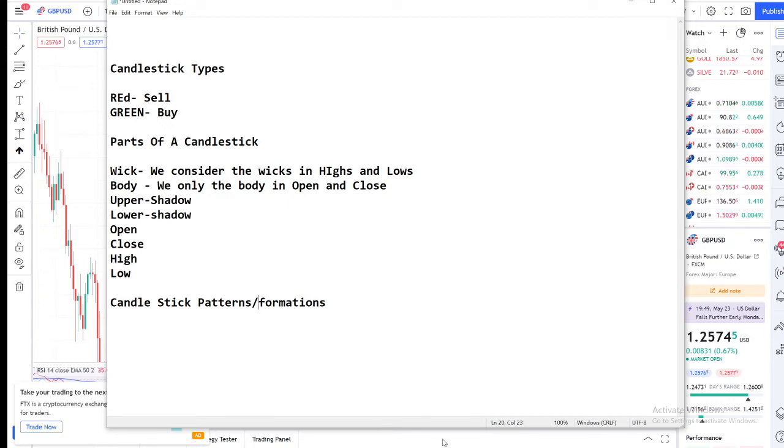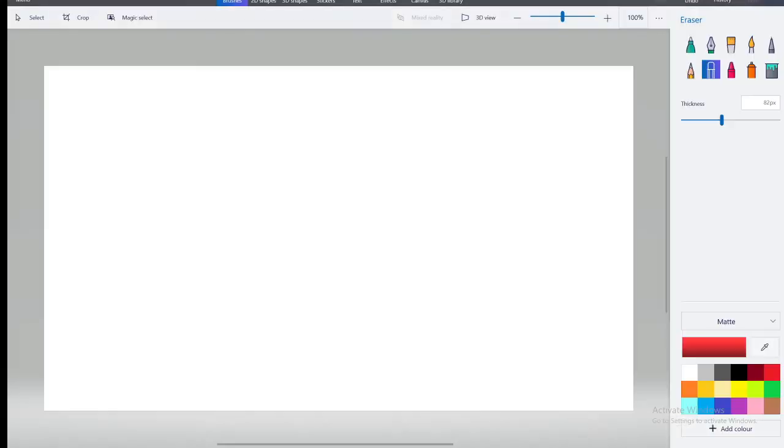I'm going to try and make a little illustration. The most basic pattern that you would ever see, that is always happening in the market, is your engulfing pattern.